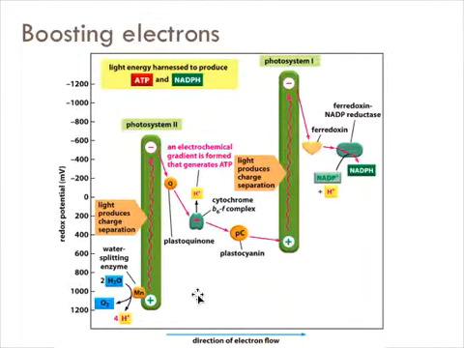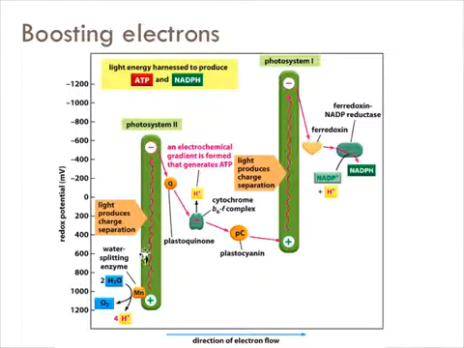Which means this is going to require some significant pushing of these electrons, which we call boosting. That's what happens when the charges are separated in that reaction center. So we start close to 1200, and we have to boost that electron up pretty high, and by up, it's obviously down, so to a negative redox potential.